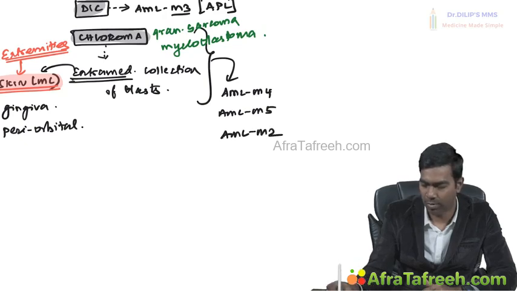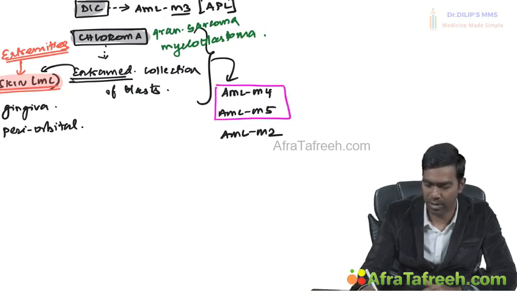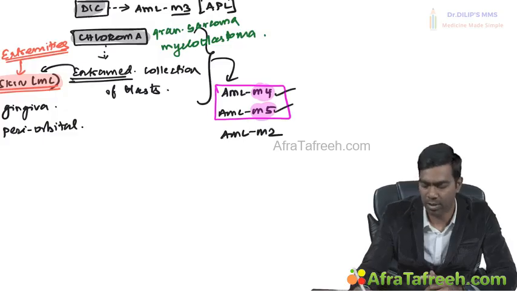Especially those AMLs which have monocytic differentiation, because M4 and M5, as we'll discuss in the AML topic, have monocytic differentiation. Those are the AMLs that have a high risk of developing a chloroma in the first place.